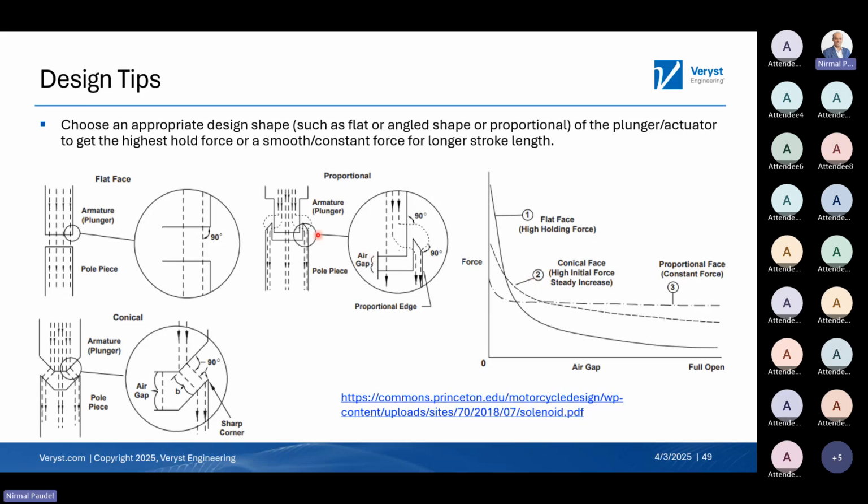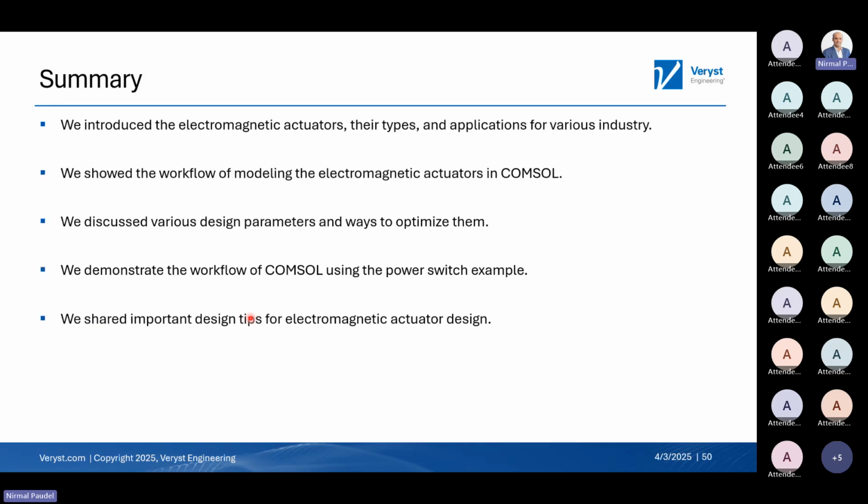And if you have some kind of proportional armature design, then you reduce that into a very flat profile like the third one. So there are different ways to manipulate the magnetic path to achieve the maximum force and efficiency or the design target.